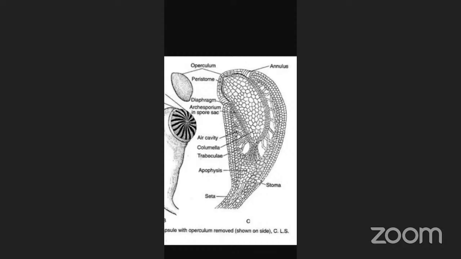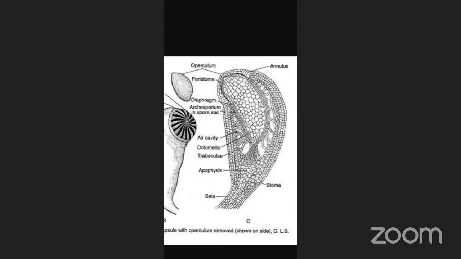So here, this sporophyte of Funaria is a very complex structure. A moss sporophyte has a basal foot, a thin elongated seta, and an intermediate pear-shaped structure, the capsule.